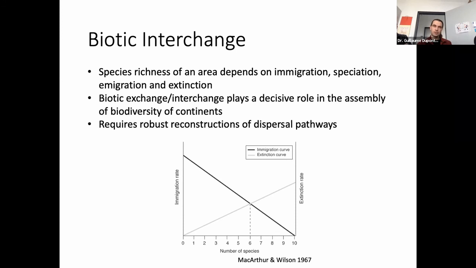It's essentially the exchange of faunas and floras when continents come very close together or collide. And this biotic interchange is decisive in terms of assembling biodiversity. In order to know when this happened and how it happened, we need robust reconstructions of dispersal pathways.